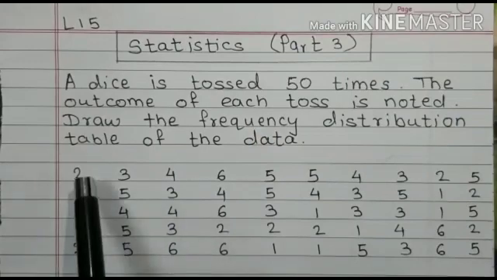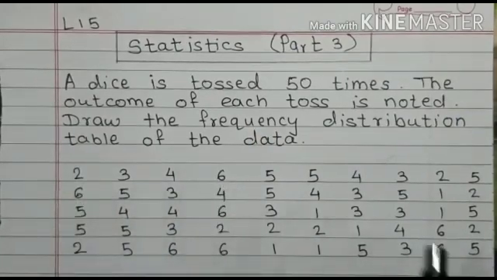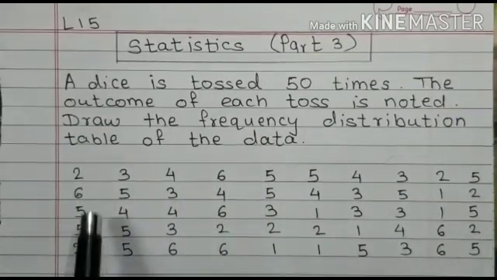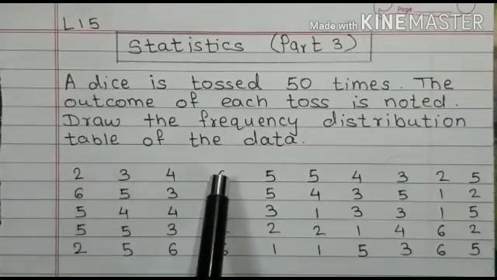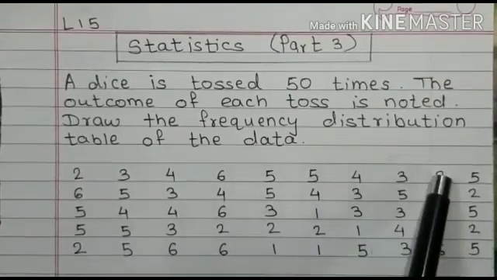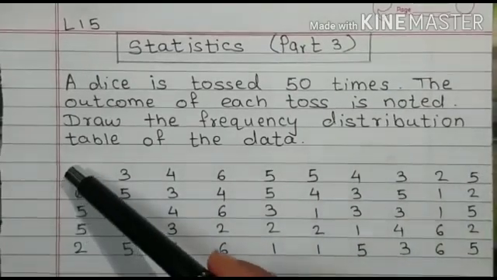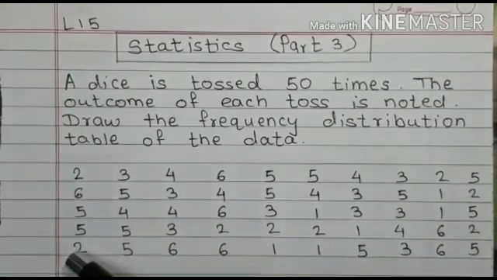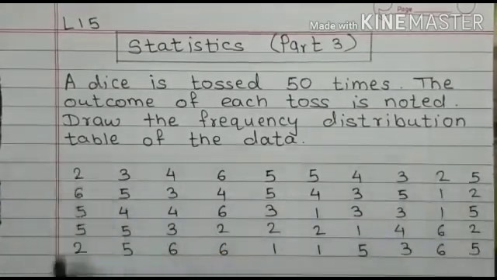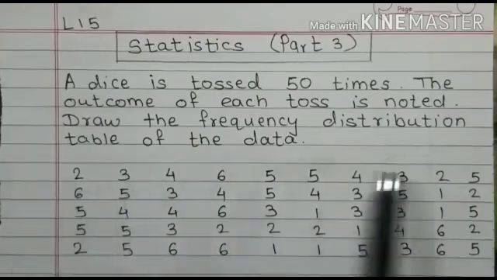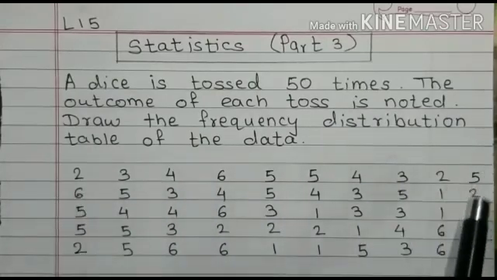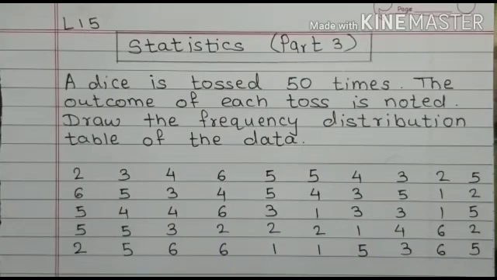So these are the 50 records. Let us once confirm it quickly. 1, 2, 3, 4, 5, 6, 7, 8, 9, 10 and 1, 2, 3, 4, 5 rows. 10 5s are 50. So these are the 50 outcomes of the tossed dice. You have to make frequency distribution table from the given data.